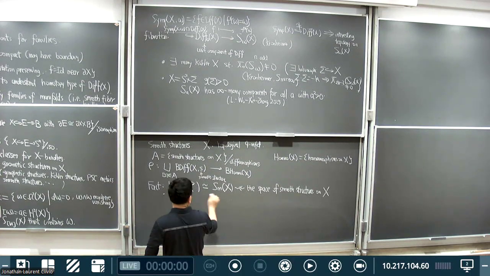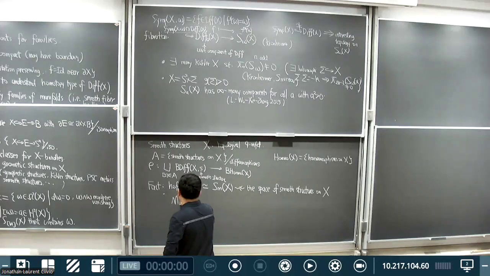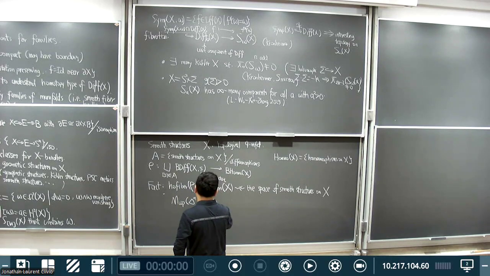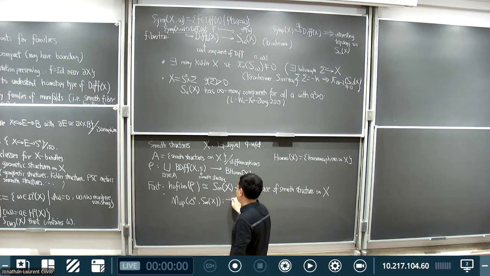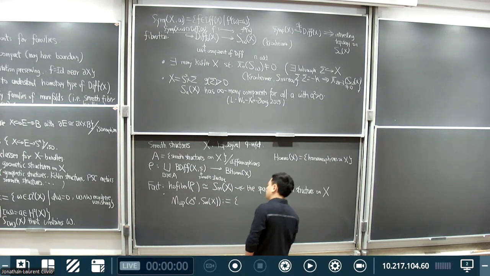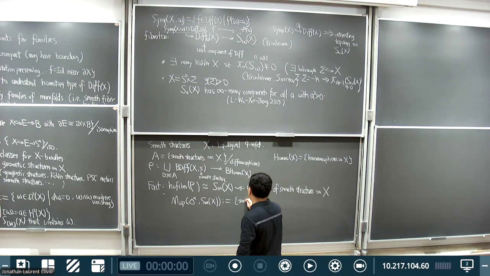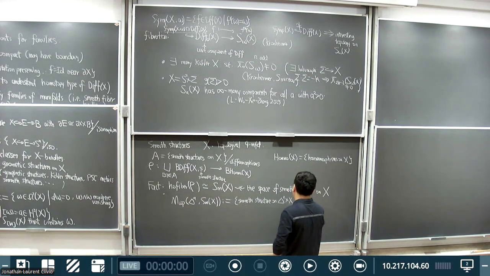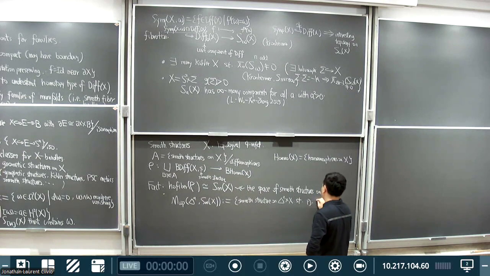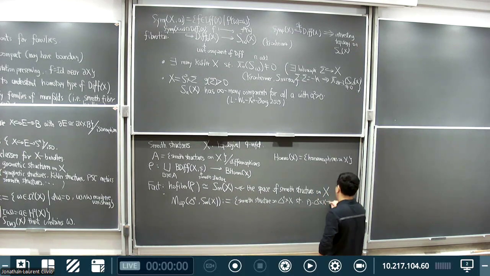So a better way to define this space is through a simplicial set. By definition, we define a simplex as a smooth structure on Delta^n times X such that the projection is a smooth submersion.